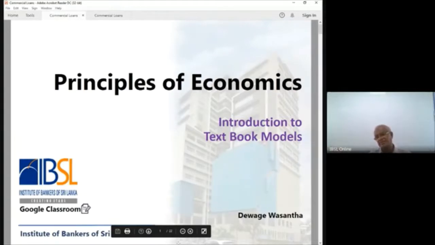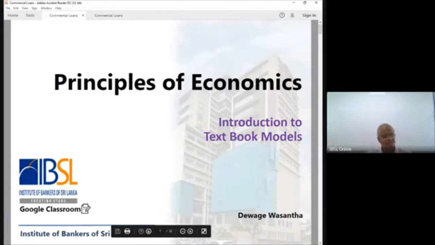Exchange rate determination, demand supply models, market structures. When you go to the real economy, real world, you may not see the actual behavior, but the underlying theory is there, right?